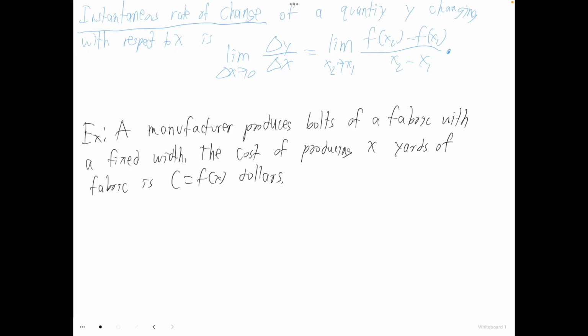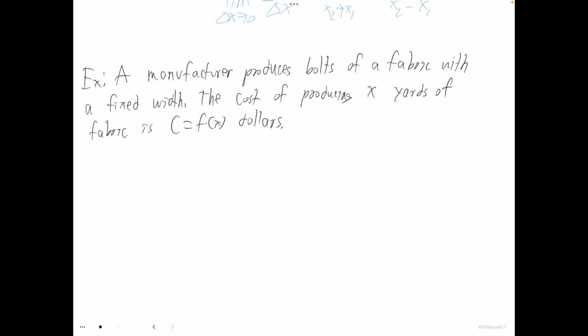And so then, if we look at this difference quotient, delta c divided by delta x, this is the average change in cost.